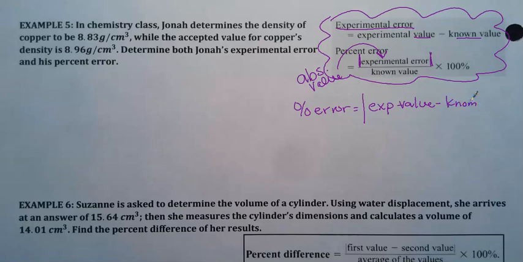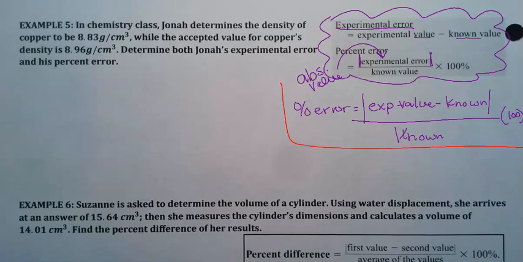Well, should be a W, not an M. Sorry about that. So that is, right, we're taking this part and putting it inside there. So if we take the experimental value, subtract it by the known value, and then divide it by the known value, my board is glitching, and multiply that by 100, we will get the percent error. Okay, so we can kind of put those two together into one formula if it's easier for you to track it.